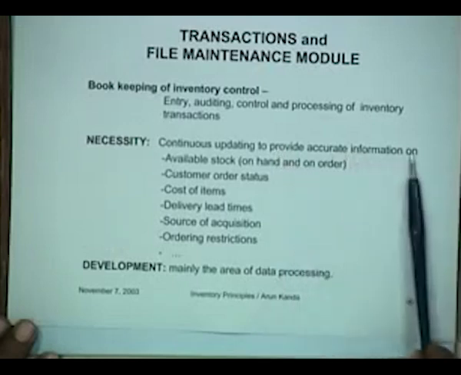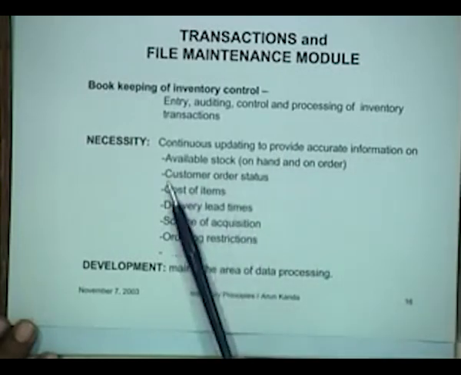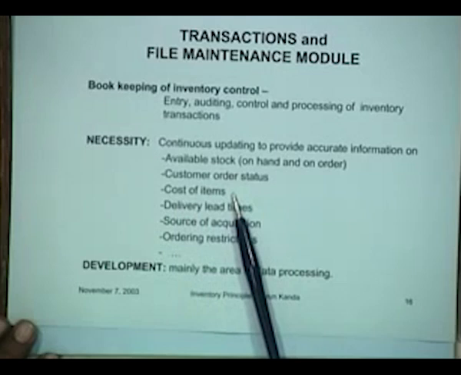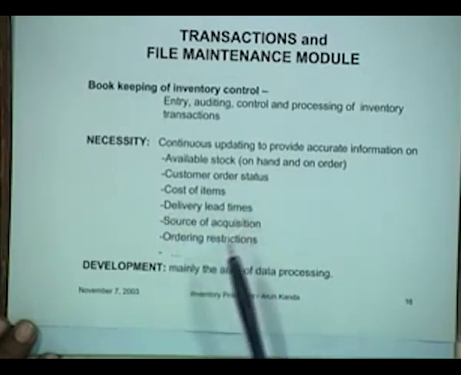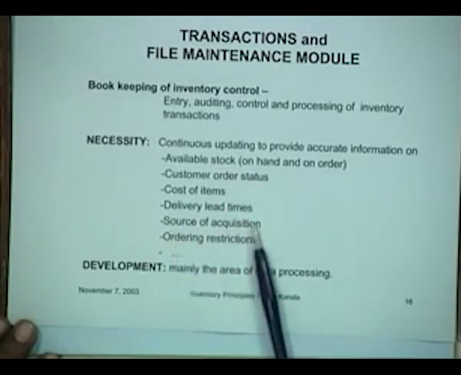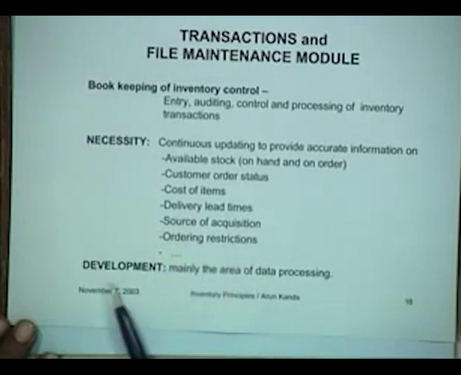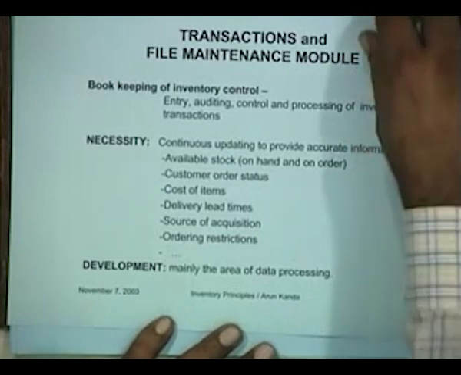So it involves entry, auditing, control and processing of inventory transactions, with continuous updating to provide accurate information on available stock, customer order status, cost of items, delivery lead times, sources of acquisition and ordering restrictions. Mainly this would be required in the area of data processing, wherever transactions are involved. So this is the component of inventory where you are updating the transactions.